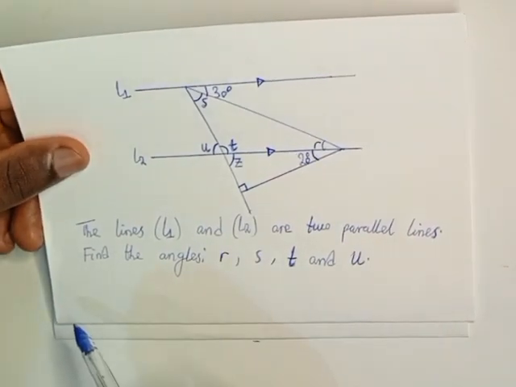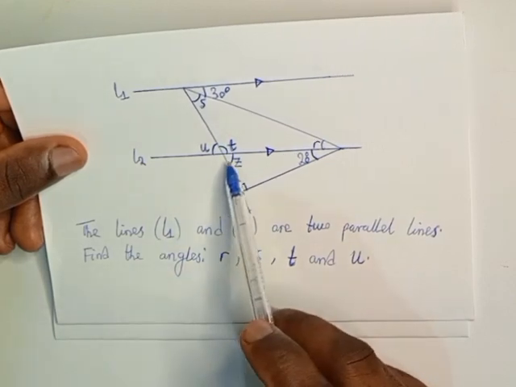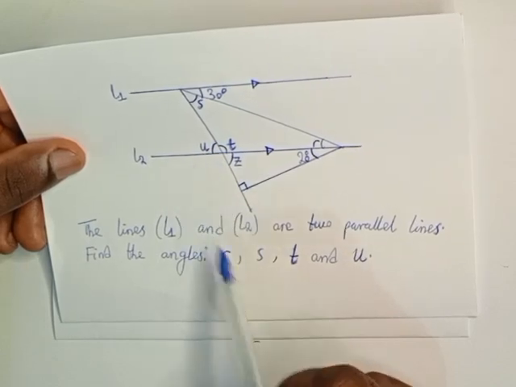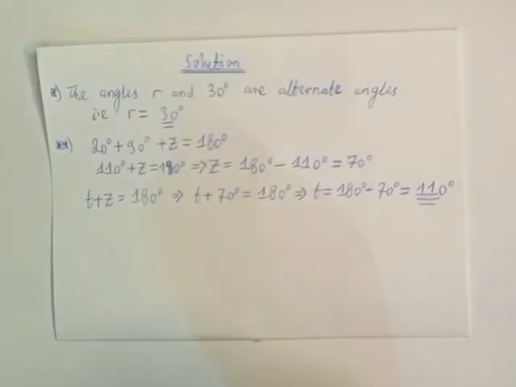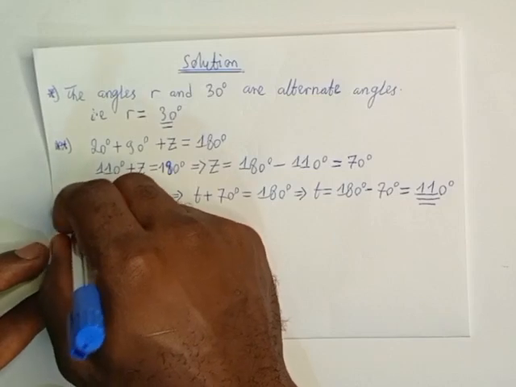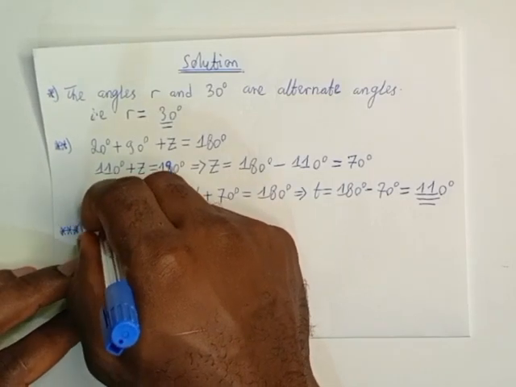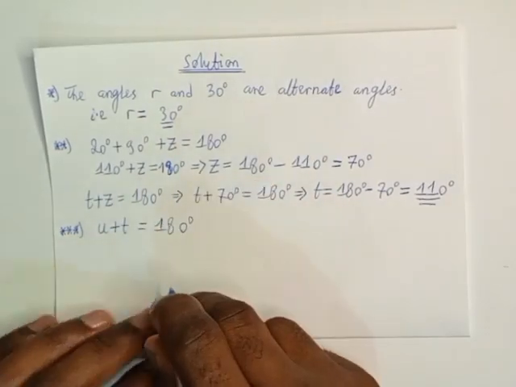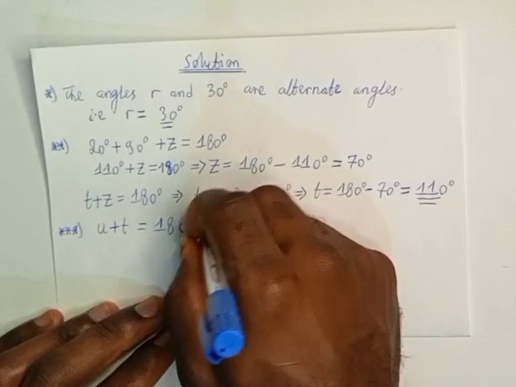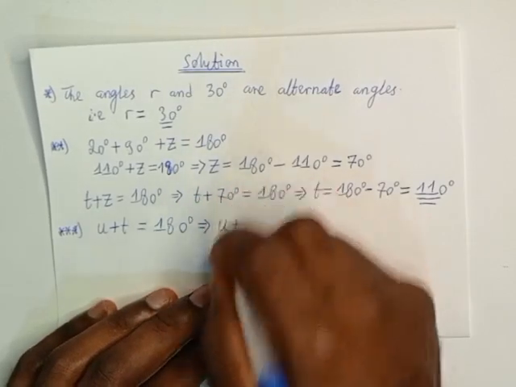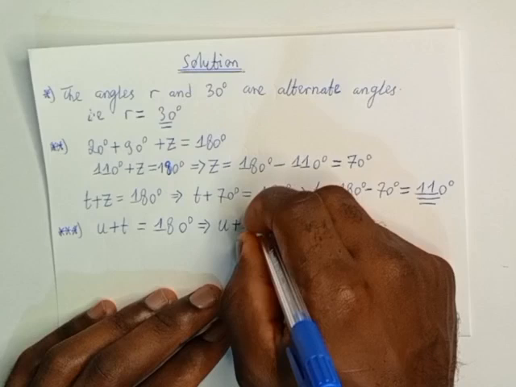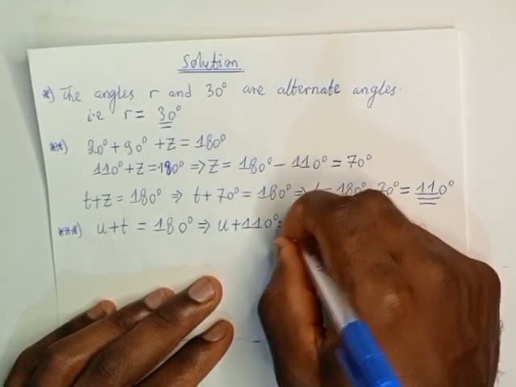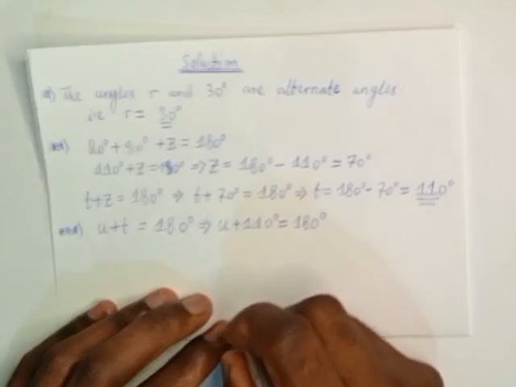Knowing the angle T, it is possible for us to find the angle U. The angles T and U, they are straight line angles. We take a 3 star. U plus T is equal to 180 degrees. This means U plus the angle T, which is 110 degrees, if you take their sum, it is equal to 180 degrees.